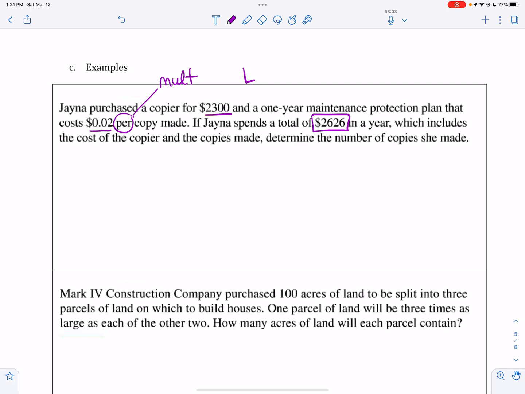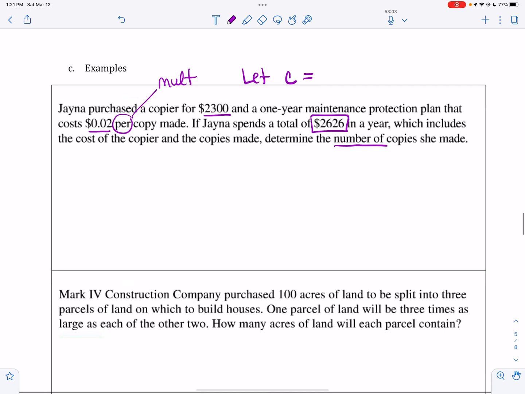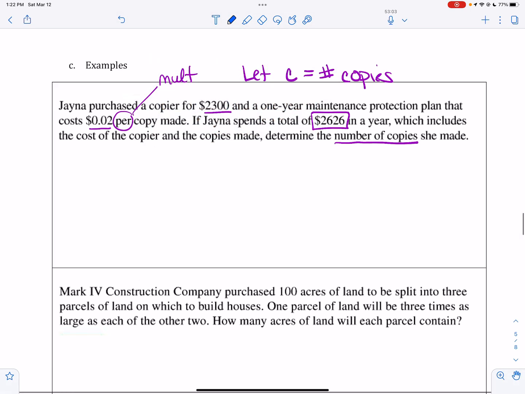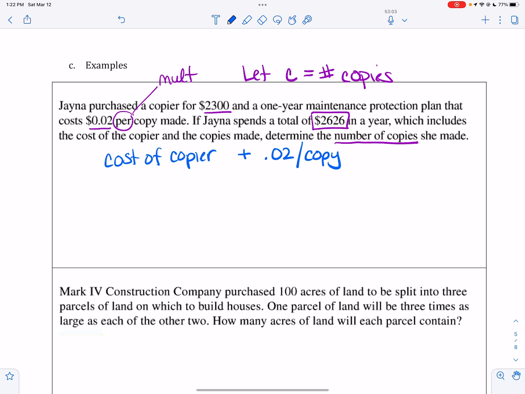So we're going to define our variable, let C equal the number of copies that she made, okay? So we're going to write the cost of the copier plus 2 cents per copy, and that equals the total amount spent, okay?